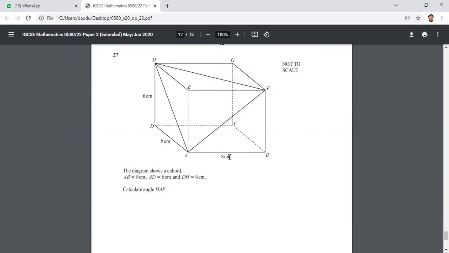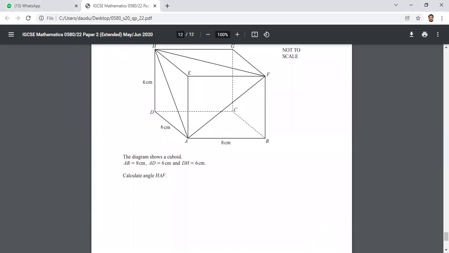AB is 8, and AD is 6 centimeters, and BH height is also 6. So calculate HAF. We are looking for the angle HAF, this angle, this one.